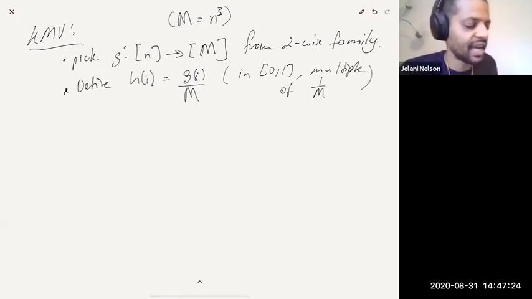We're getting a random number between 0 and 1, but it's to some finite precision. Specifically, it's going to be a multiple of 1 over capital M.